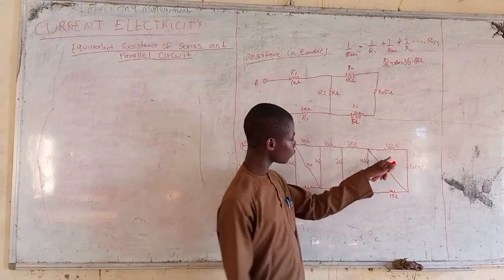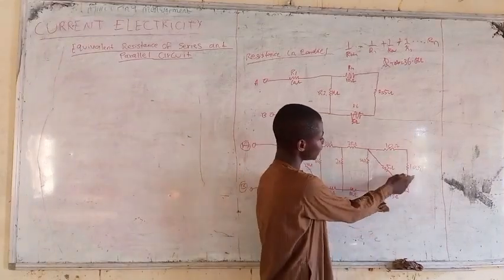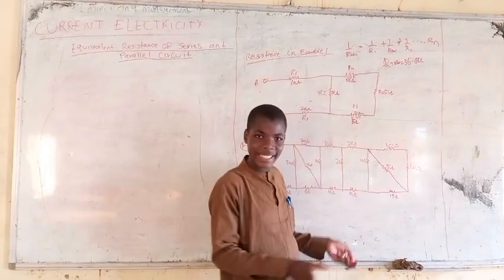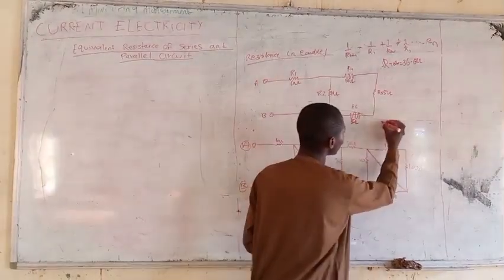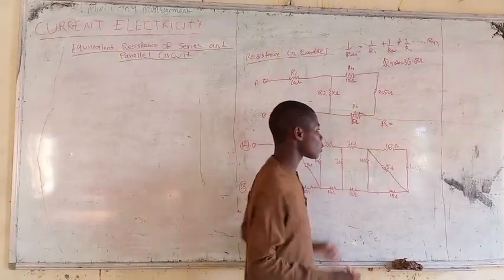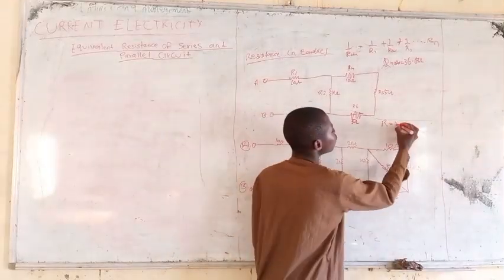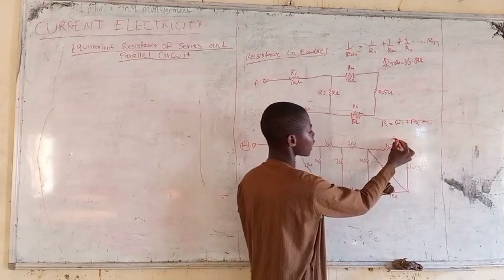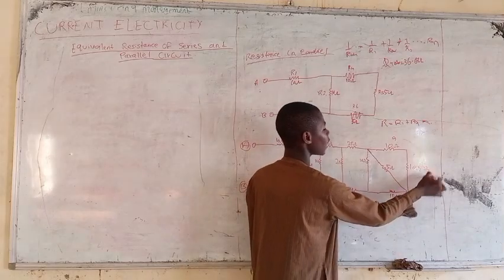When we are starting from this point, between this 10 resistance and this resistance, they are in series. We know that resistance in series is equal to the total of the resistances, R1 plus R2. Here is R1 and here is our R2.